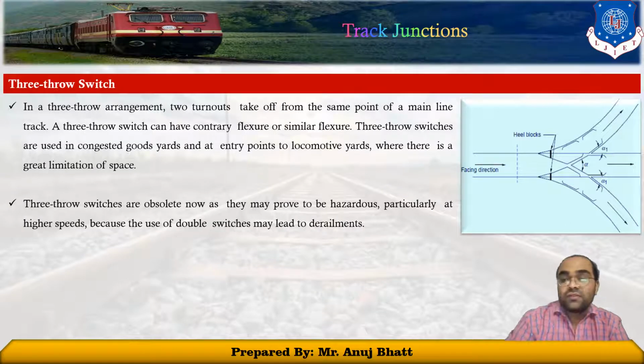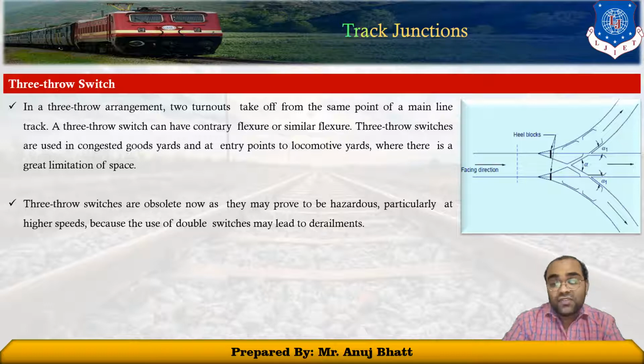Because these two lines can be considered to be in opposite directions, or they can have the same flexure, where the main line goes straight, another one goes along a straight track, and the third might be parallel to this track. That can also be considered similar flexure.